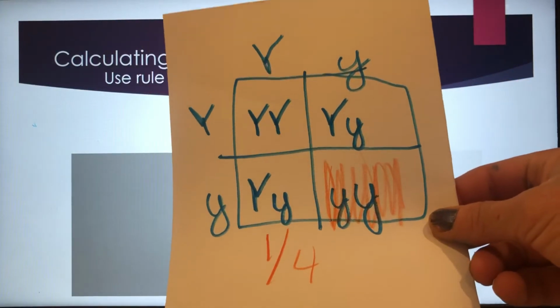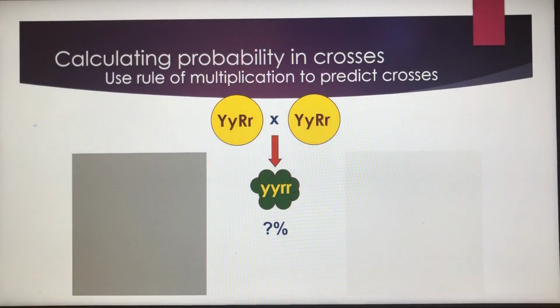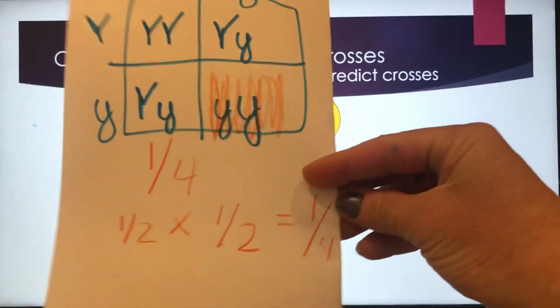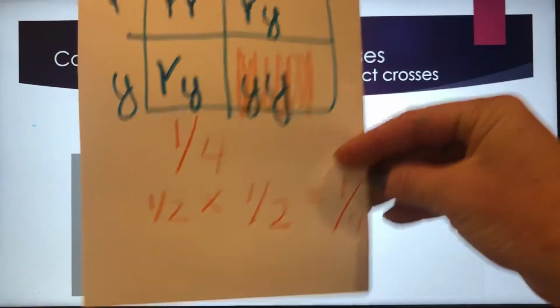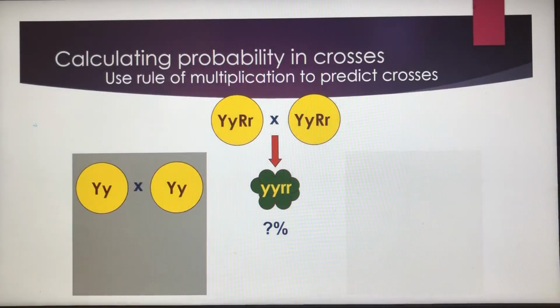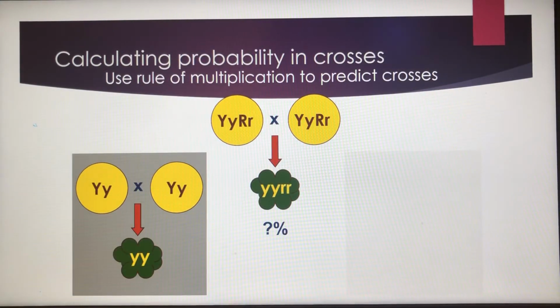Now, if you use the rule of multiplication, then you would say that the first parent has half a chance and the second parent has half a chance. So the total equals 1/4. So you still get 1/4 either way. Again, I kind of prefer you just draw the Punnett square.